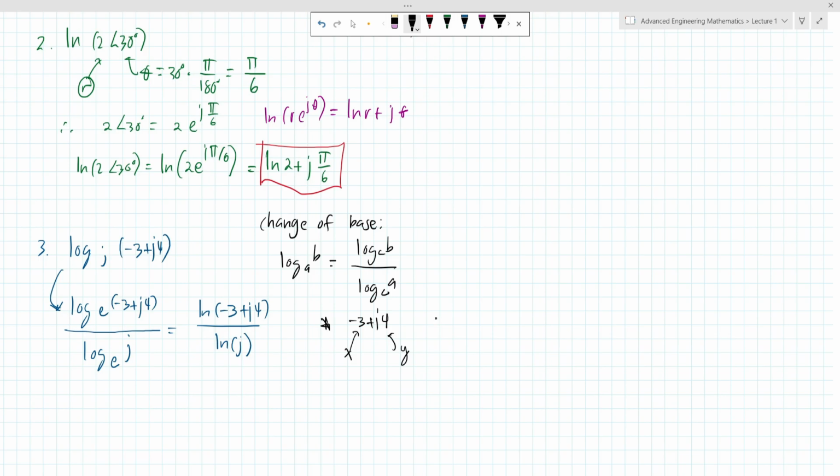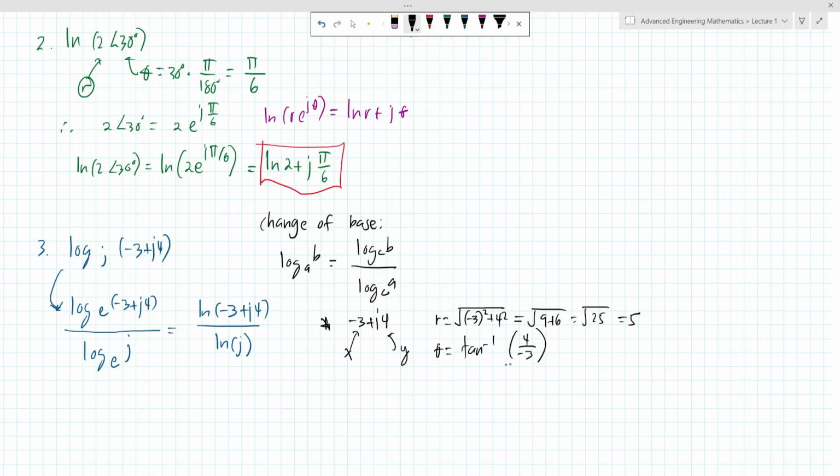So our r is equal to the square root of negative 3 squared plus 4 squared, that is 9 plus 16, the square root of 25, so that is 5. For the angle, theta is the arctan of 4 over negative 3.